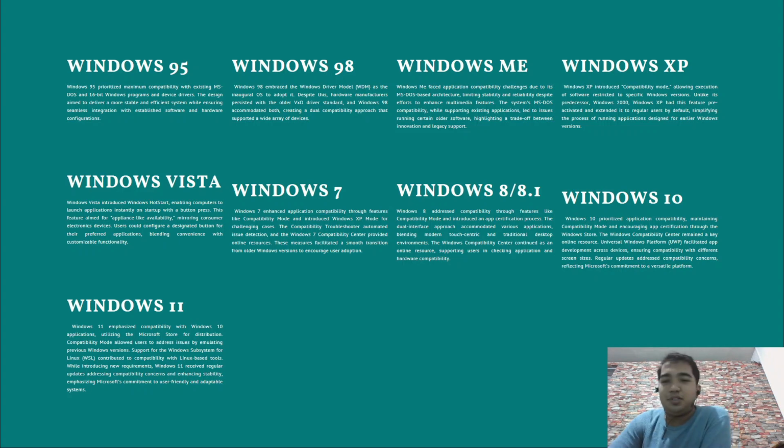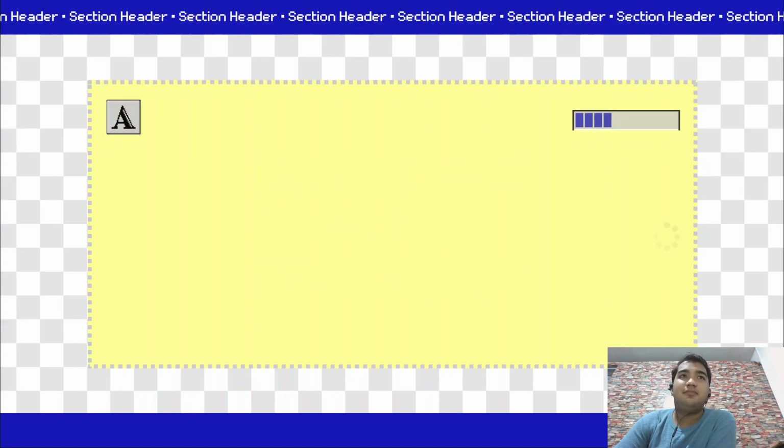So that is pretty much it for application compatibility. From Windows XP to Windows 11, they all have compatibility mode, and the most complete and better compatibility mode is in Windows 11, since all of the features from previous OS were moved into Windows 11.